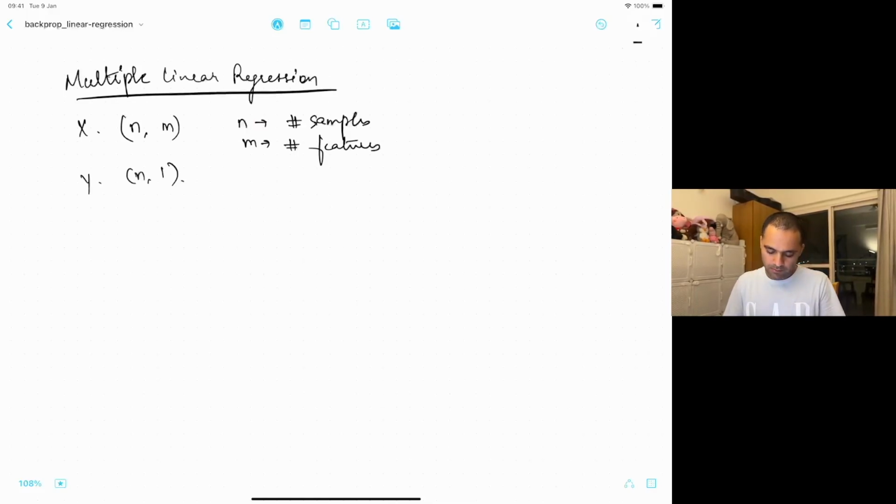So for each sample we have one prediction value, one label, one output basically. Therefore there are m features, so x would look like this.